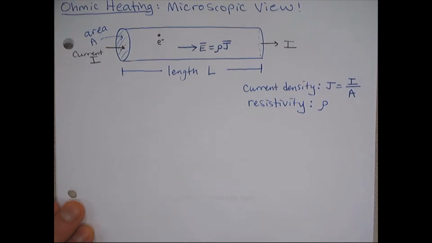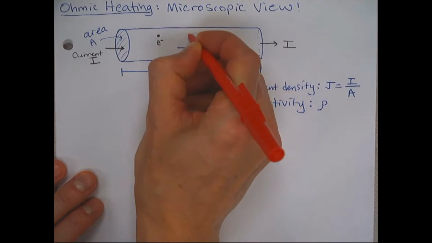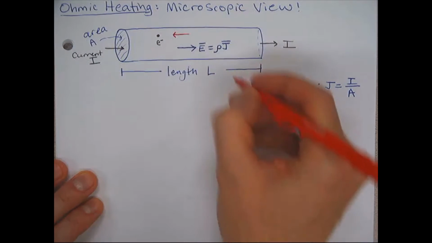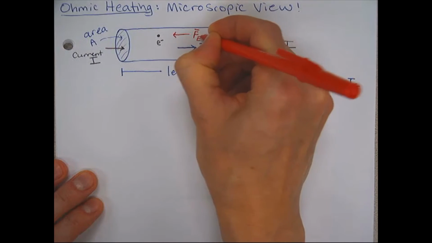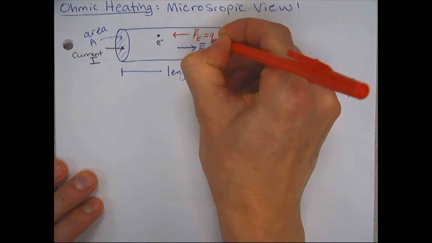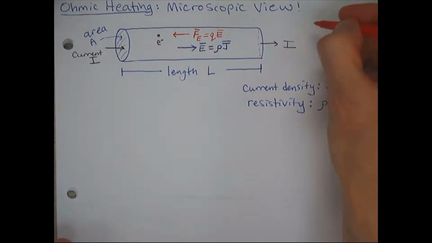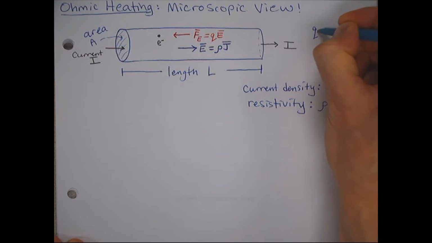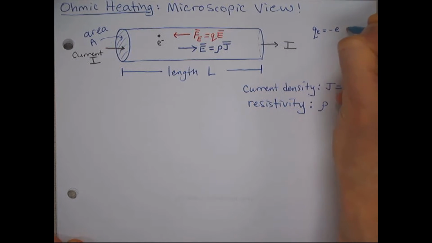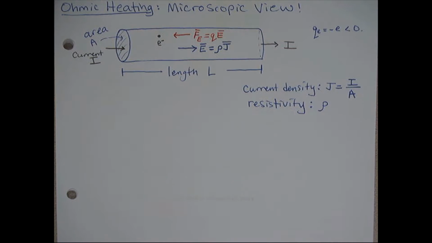If the electric field is pointing to the right, then that electron will have a force, a QE force vector. Since the electron has negative Q, that force vector must point in the opposite direction as the E field.